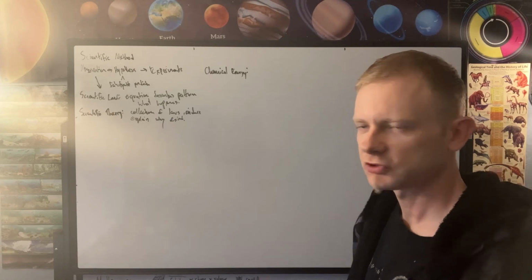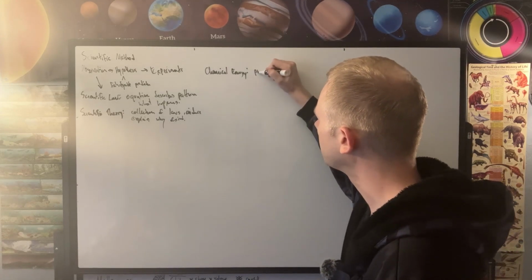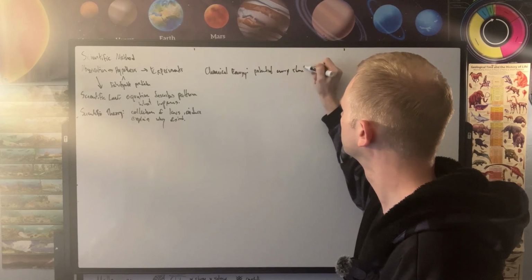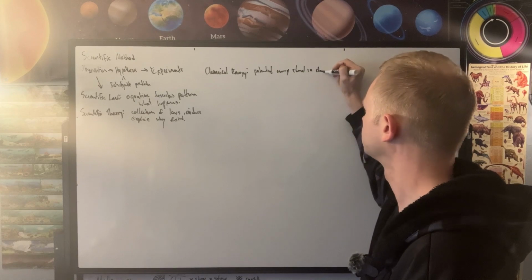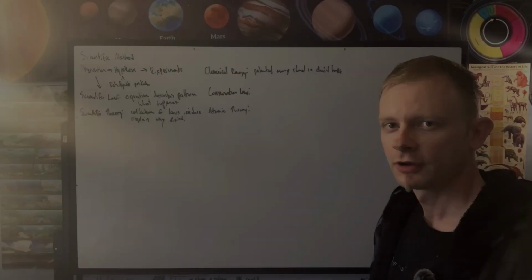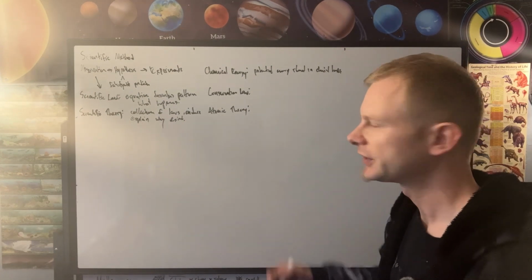Now, since this is chemistry, we should know what chemical energy is referring to. That's just trying to describe the potential energy stored in the chemical bonds, the bonds between the atoms. We should also know the two laws and theories that are pretty important for us.